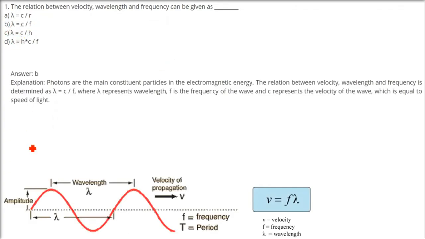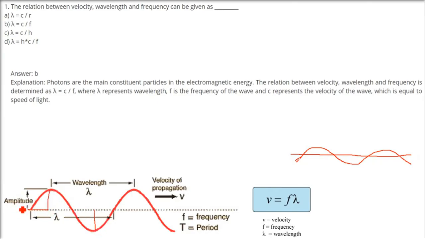The answer is B. How? Whichever wave you take, even a rope, or the waves in the sea, all have the same form. This is how energy propagates. To understand this, we can draw a mean line, and the wave goes up and down.